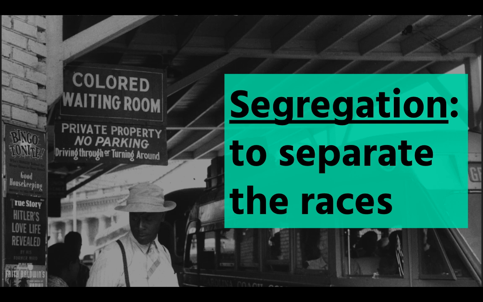White people on one end of the spectrum and minorities on the other. So you can see from this photograph, right, we have a waiting room that is designated for people of color, right? No white people allowed, and of course, no people of color where white society was. And so that was the reality of the South, is that the races were very, very separated.